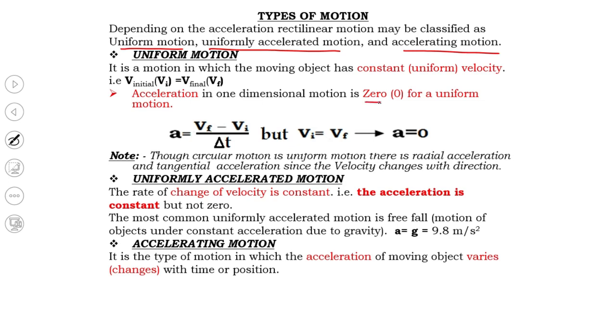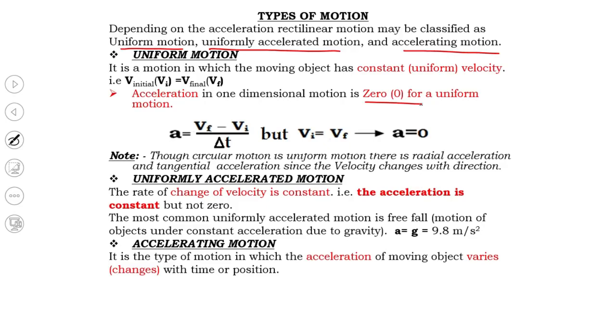We have 0 acceleration. That means the acceleration is 0 while the velocity remains constant. For a moving object, the velocity remains constant. The initial velocity of that particle is the same as the final velocity of that particle. Therefore, the motion is said to be uniform motion. Uniform motion has constant velocity. If the velocity is constant, the acceleration is 0.